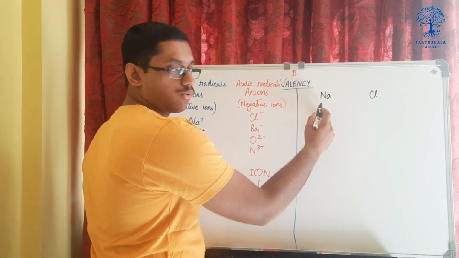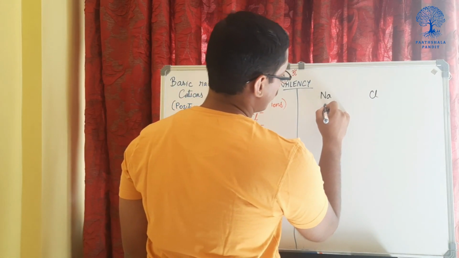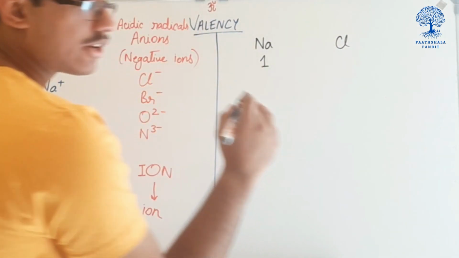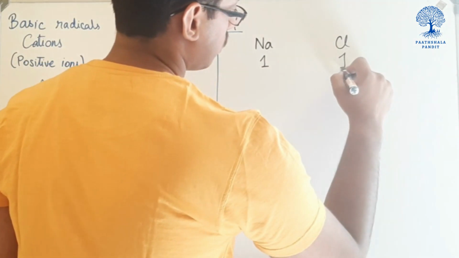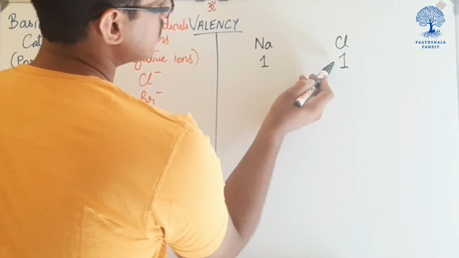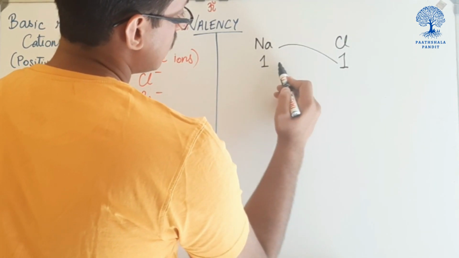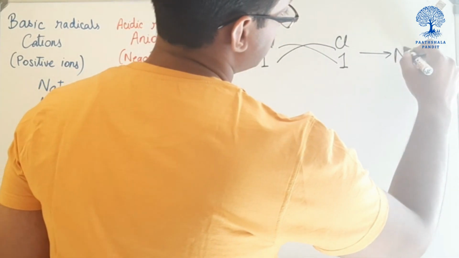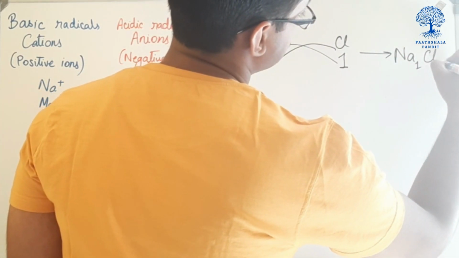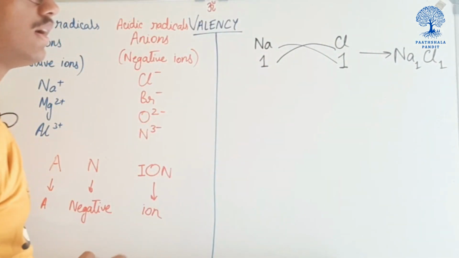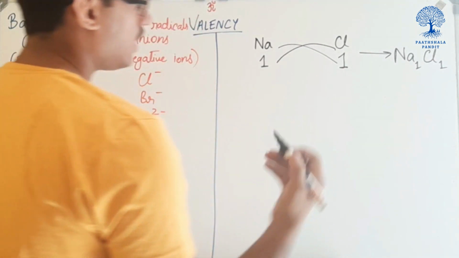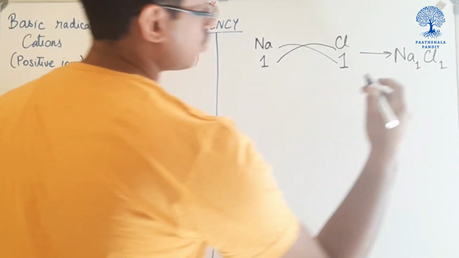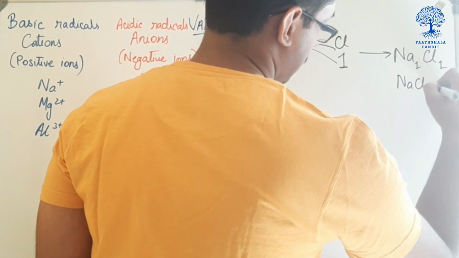What is the valency of this Na? It is 1. What is the valency of Cl? It is 1. You take this one here, take this one here, and the end result will be Na1 Cl1. Generally if it is 1, it is not written as 1, it is just written NaCl.